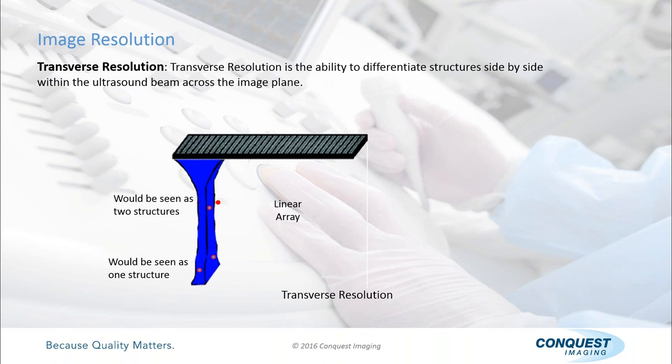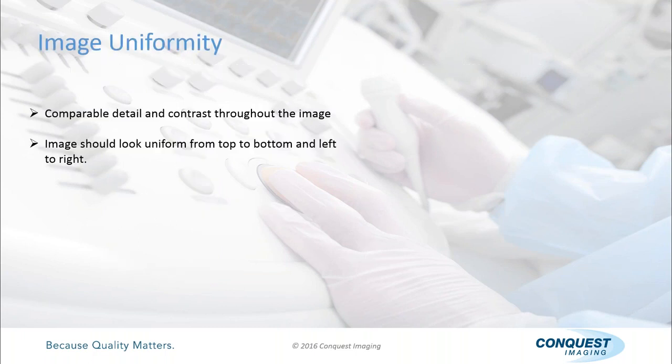This would be resolution measured on a three-dimensional probe, 3D or 4D, because 2D imaging is simply a cross-section of the phantom. So it has no ability to look front and back on a traditional phantom. What you would require in this case would be a 3D, 4D probe to also add that third dimension of front to back.